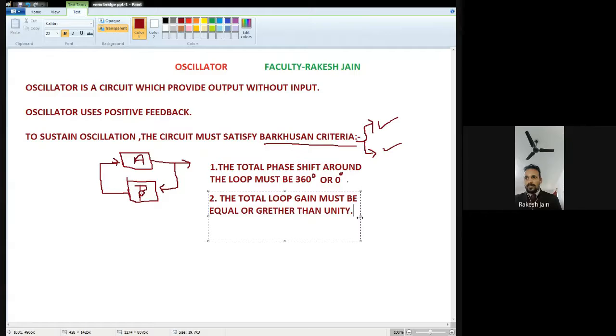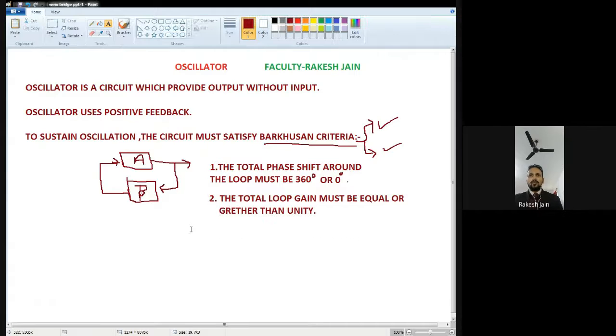What is the meaning of this? In the forward path the gain is A, and in the feedback path the gain is beta. So the total loop gain is A beta.